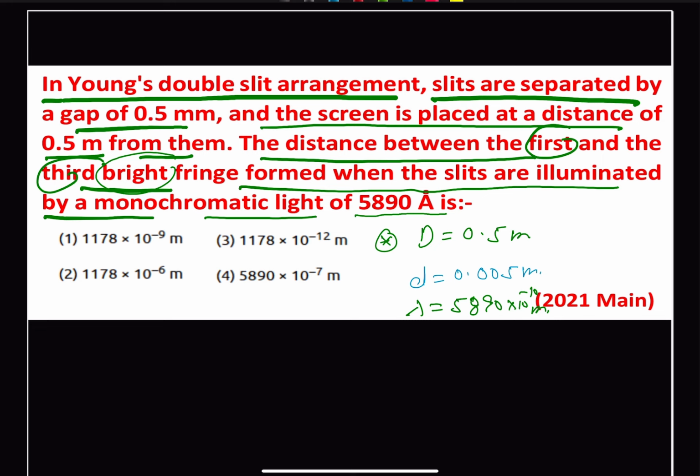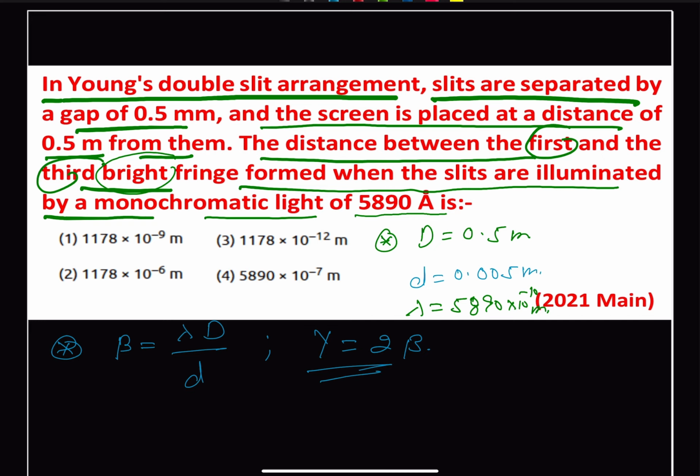So we know that our fringe width, that is beta, is equal to lambda capital D divided by small d. And we can also say that our y will be equal to twice of beta.